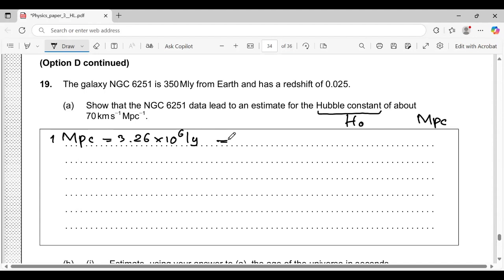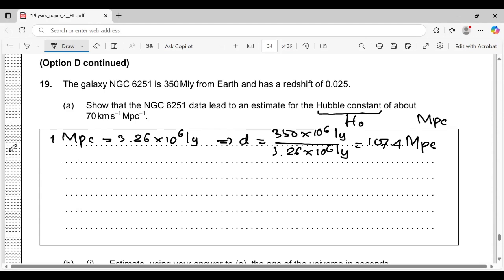So it means distance equals 350 times 10 to the power 6 light years over 3.26 times 10 to the power 6 light years. And the result is 107.4 megaparsec.